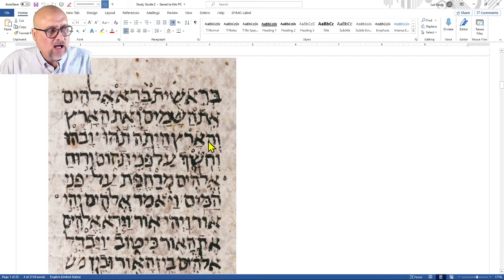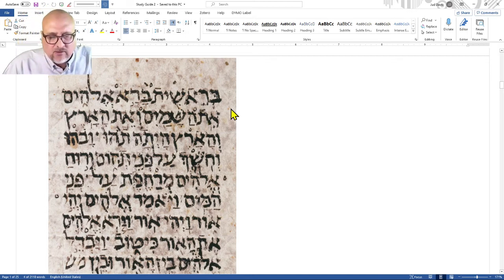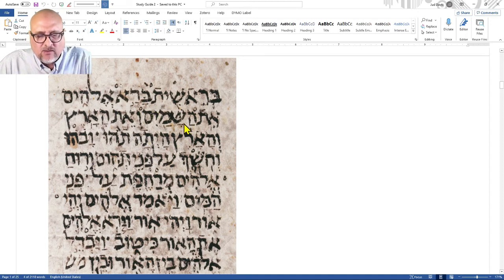If you go online, you can access this manuscript. It's a big thing, folio version. Each page is in 3 columns, and you can see what we've learned, Bereshit, bara, Elohim, et hashamayim, va'et haaretz.